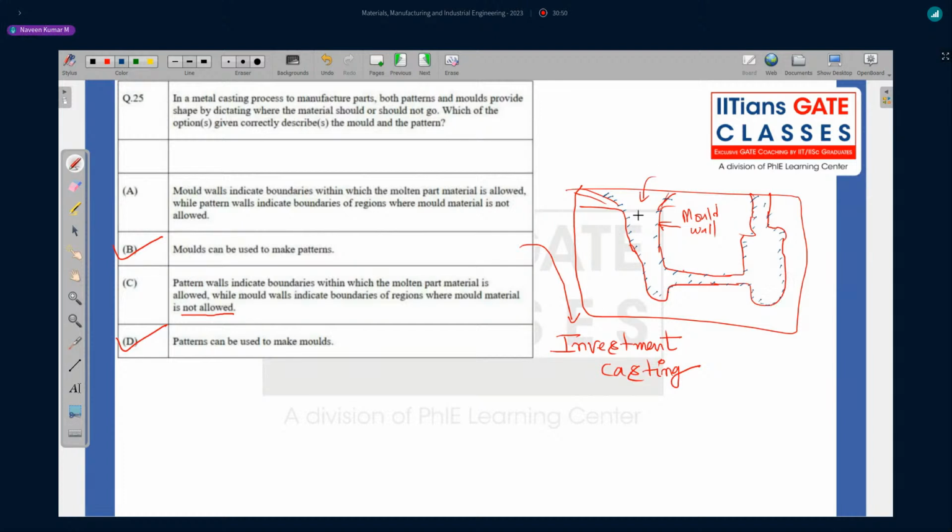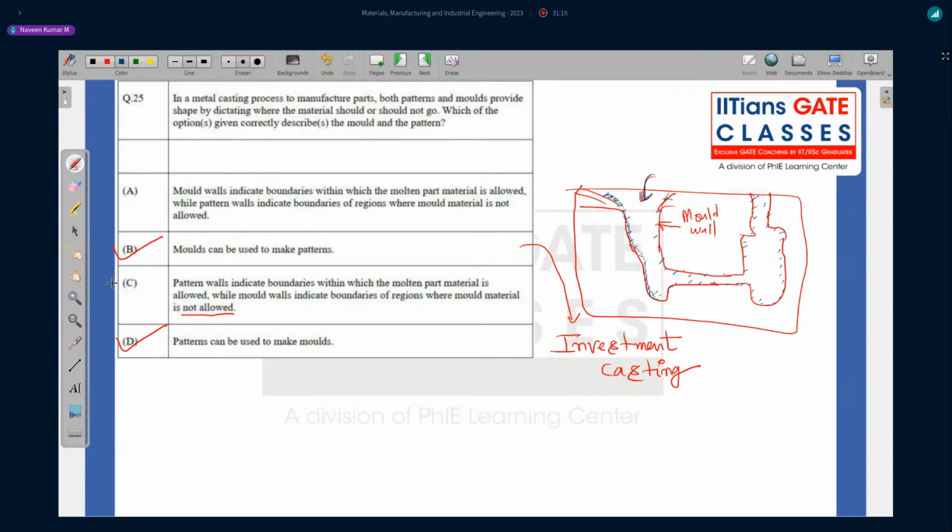Carbonaceous material. After pouring, there is some kind of a gas that is generated, and you can see there is a slight gap between the mold material and the molten material. Mold material is this, molten liquid is this. So there might not be a chance of having contact between these two. So they're saying not allowed means they don't want to have contact.